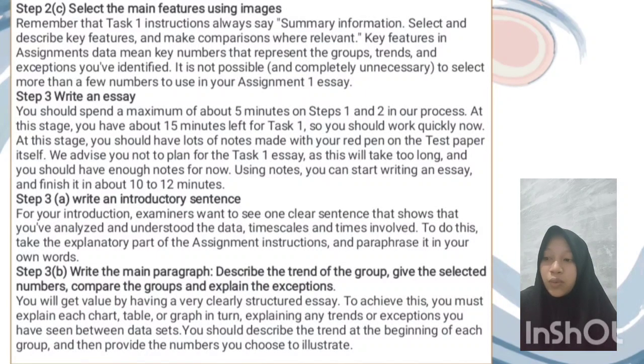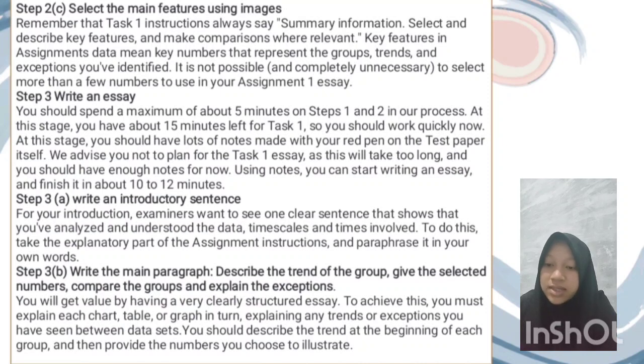Step 3. Write an essay. You should spend a maximum of about 5 minutes on steps 1 and 2 in our process. At this stage, you have about 15 minutes left for Task 1, so you should work quickly now. You should have lots of notes made with your red pen on the test paper itself.